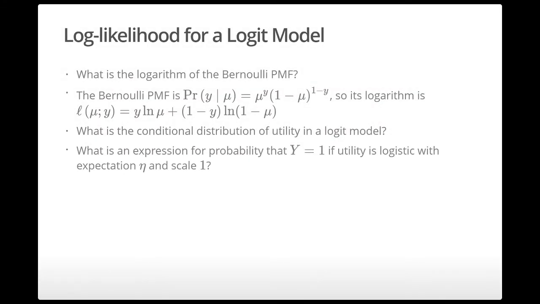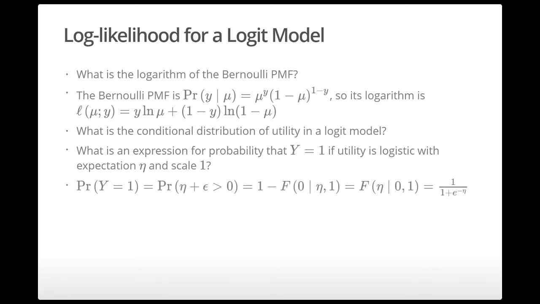And then what's the expression for the probability that y equals 1 if utility is logistic with expectation eta and scale 1? Well, that's the probability that eta plus epsilon is greater than 0, which can be represented under the logistic distribution, because the logistic distribution, like the normal, is symmetric.